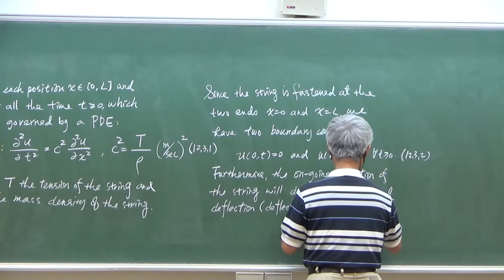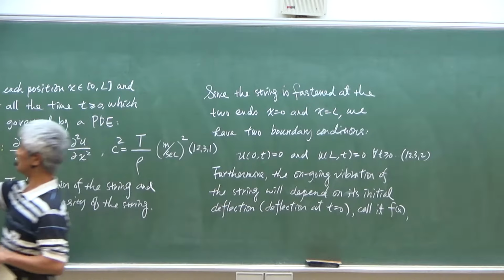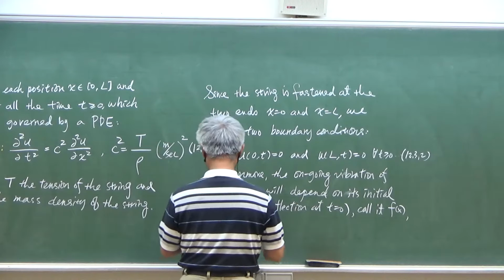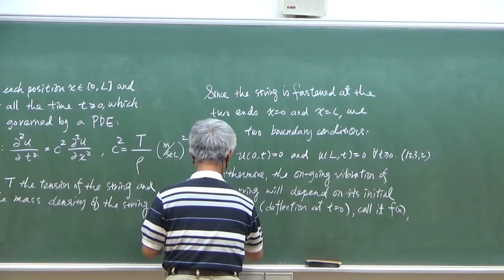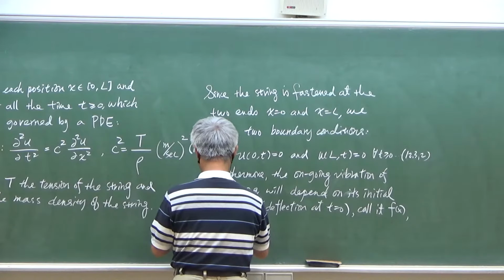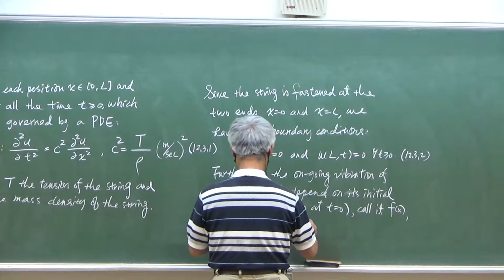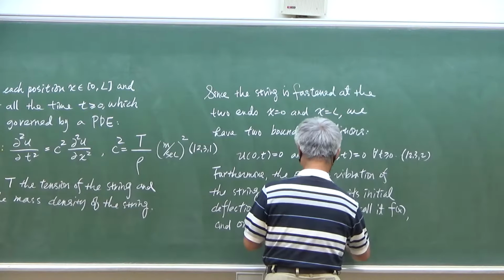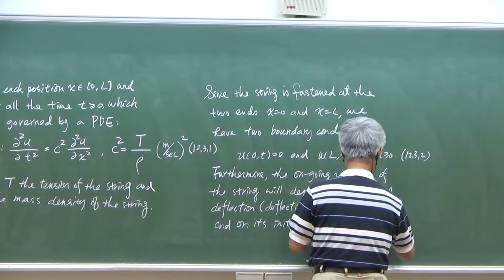We call it f of x, just like described here. This is the initial deflection, and its initial velocity we call g of x.